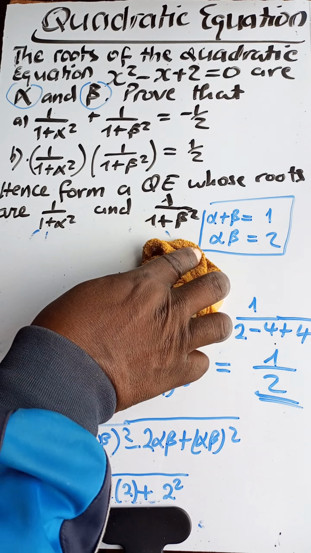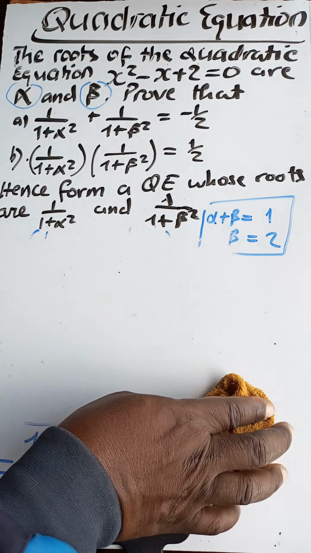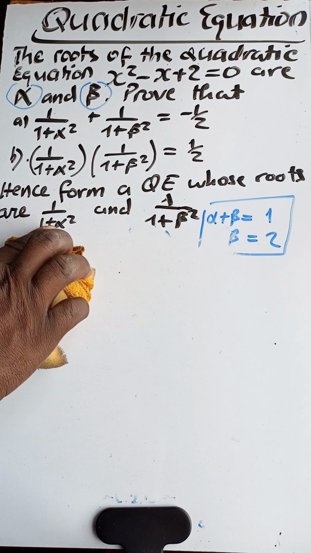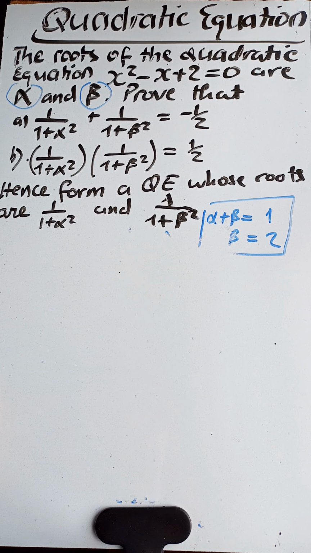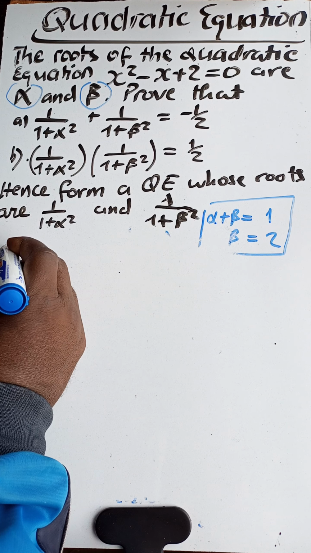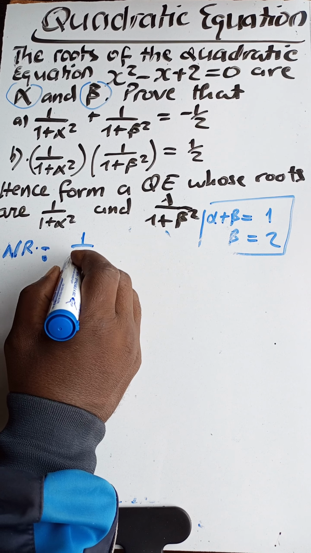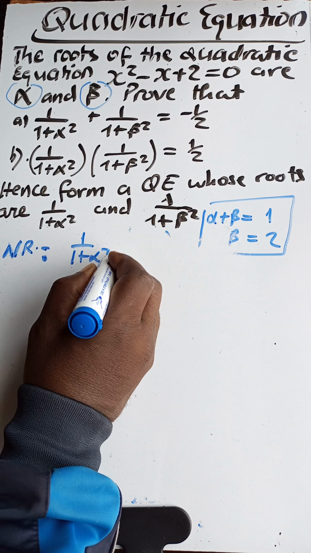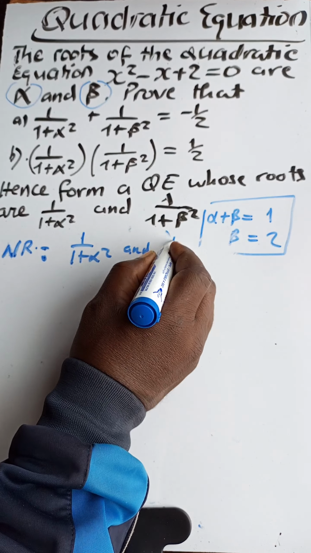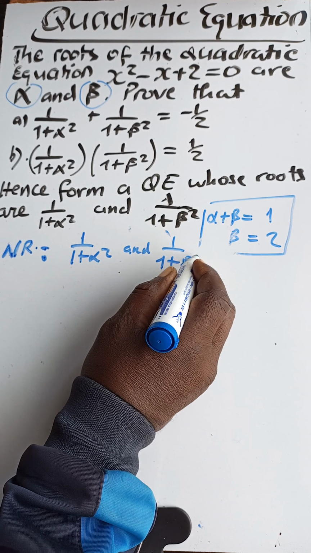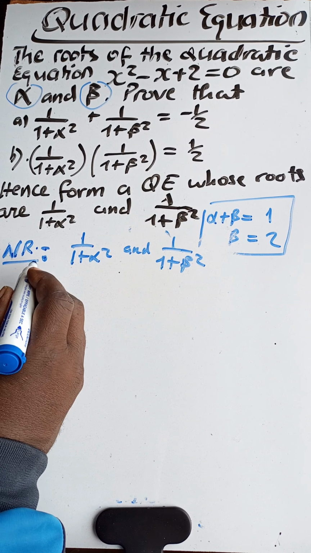Okay, so we know the new roots. The new roots are 1 all over 1 plus alpha squared and 1 all over 1 plus beta squared. Those are the new roots.